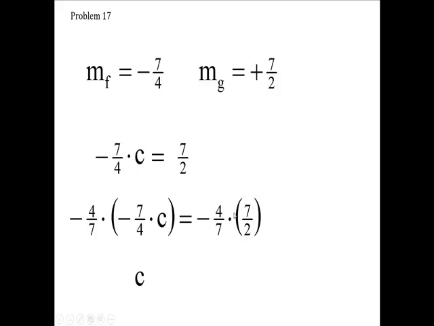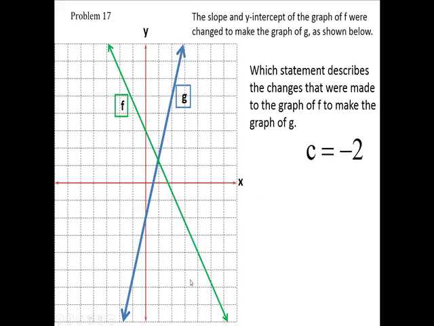Now here the 7's cancel, so it's 1/1. And 2 goes into 4 2 times, so you're going to end up with a negative 2 on the right side. So if I take the slope of f times the negative 2, I'll get the slope of g. Alright? So let's remember that that's what we multiplied by, negative 2.